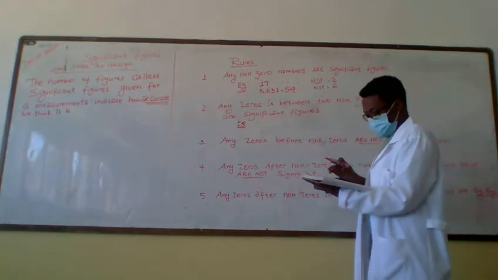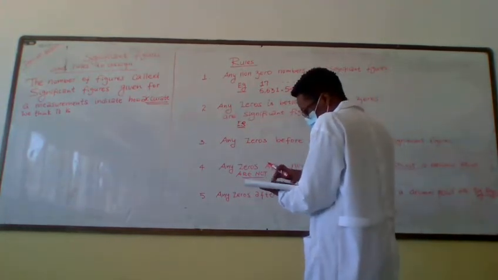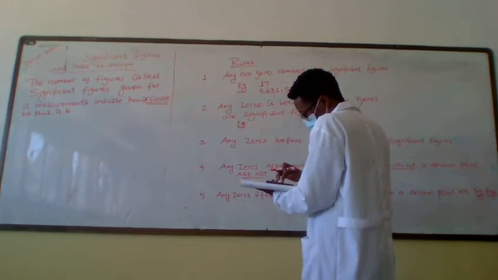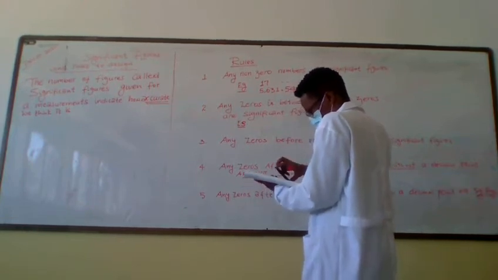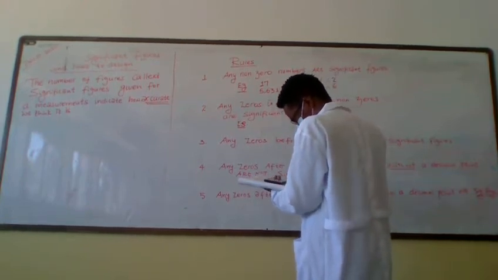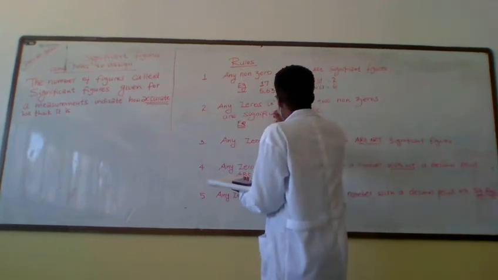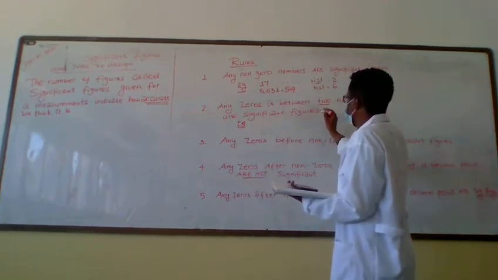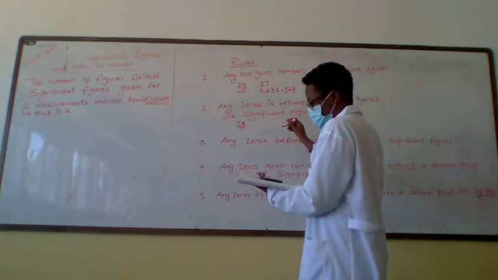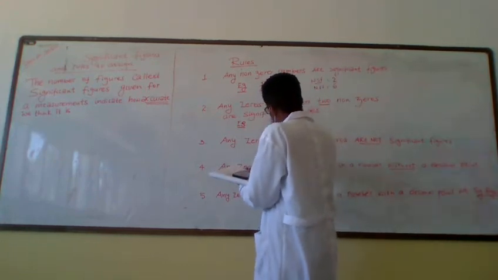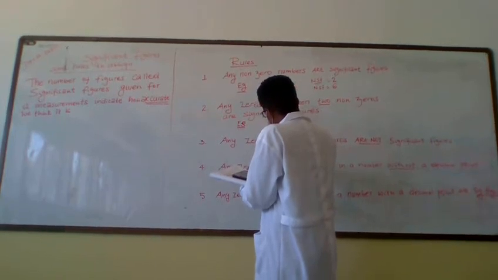Okay, so for the second one, any zeros in between 2 non-zeros are significant figures. For this, 101, and let's take this one.